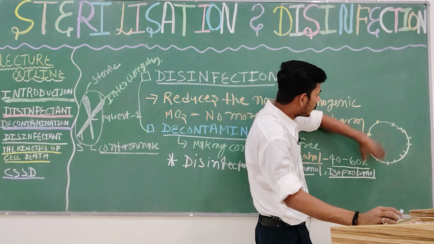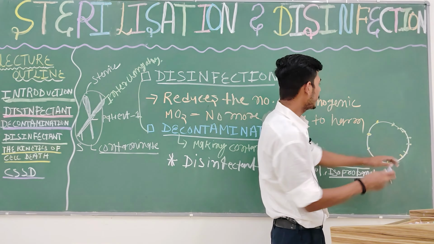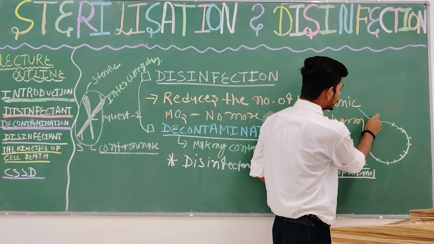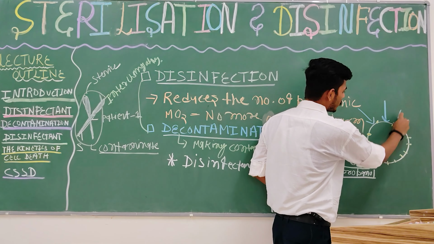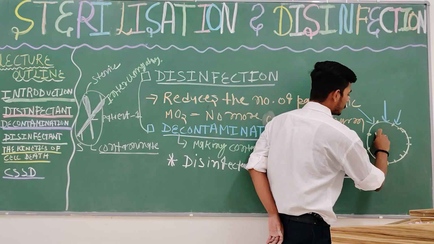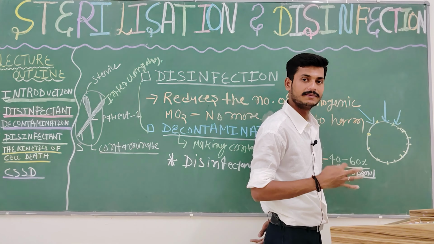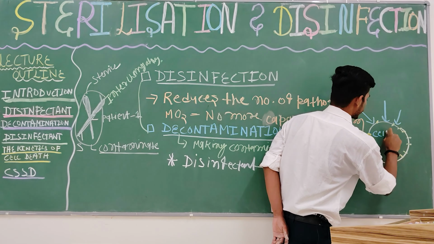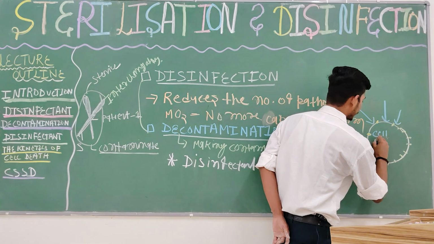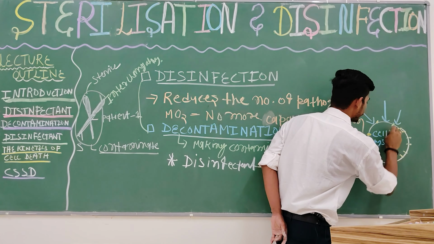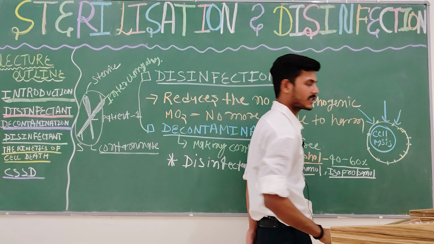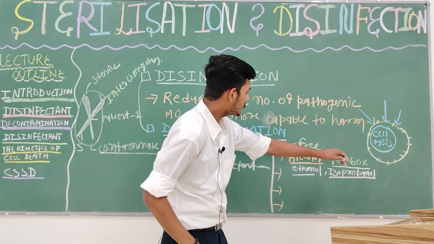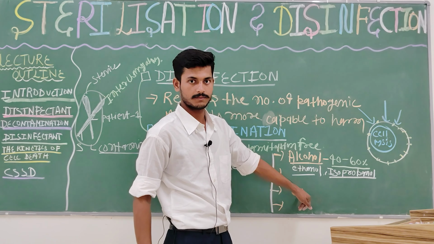Due to this porous cell wall, the outside water comes in, and the cell becomes full of water, and there is eventually cell lysis, meaning cell death. So this is the mechanism of action of alcohol disinfectant.